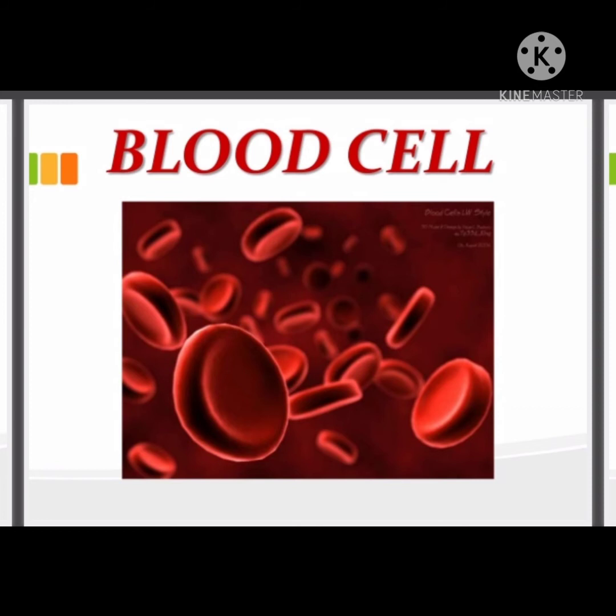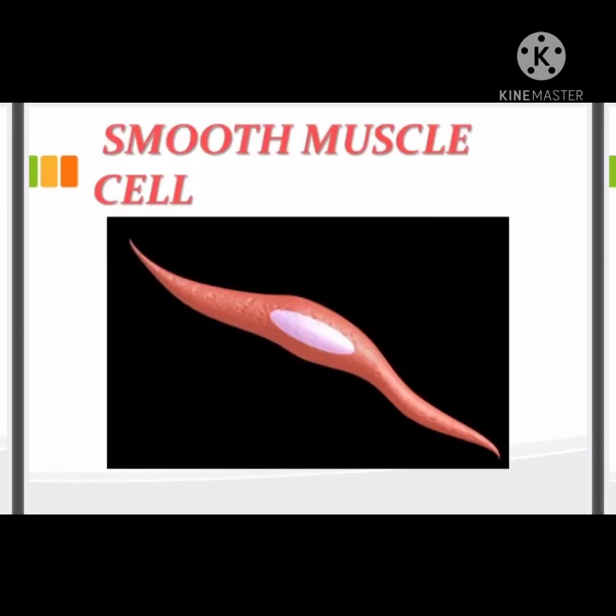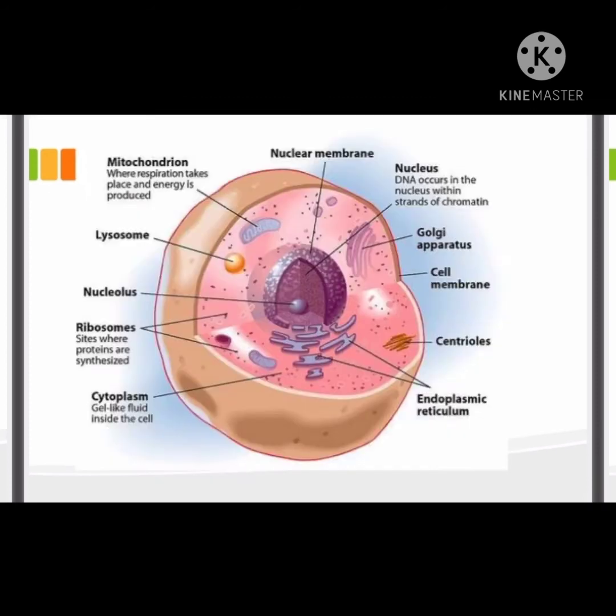The shape of the cells also shows extreme variations. Some cells are round like the blood cell and other kinds of cells, while some others are oval shaped. Some are elongated, spindle shaped cells.